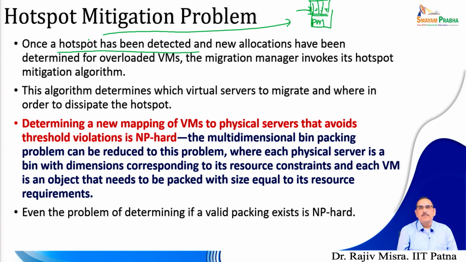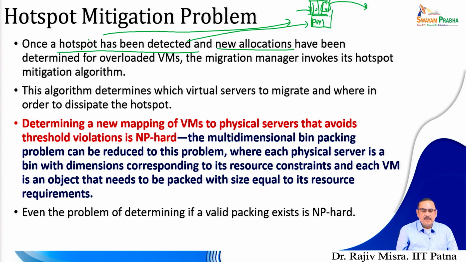So, this particular physical machine has a shortage of available resources, most of the resources are heavily overused, and this is called the hotspot. So, once these machines are detected in the data centers, they are called hotspots. Then what we have to do is identify the new allocation where some of the virtual machines can be migrated, so that this physical machine can continue normal working with the other virtual machines.